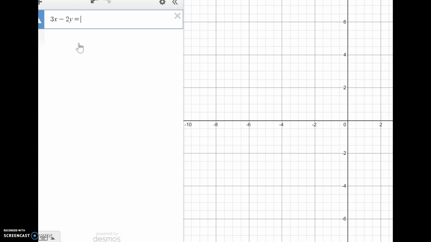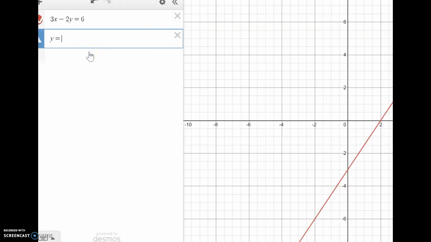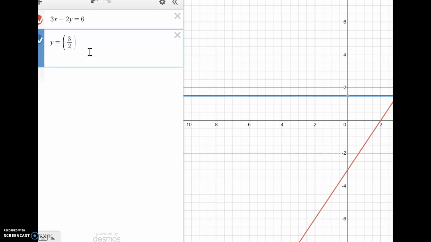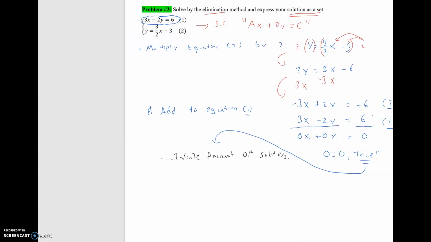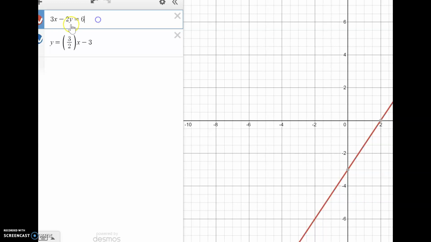Then our second equation was solved for y, so y is equal to 3/2 of x, and then minus 3. As you can see here, if I activate the color, you end up with the same line. So both of these equations represent the same line.